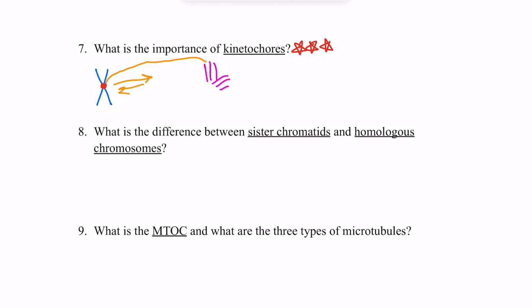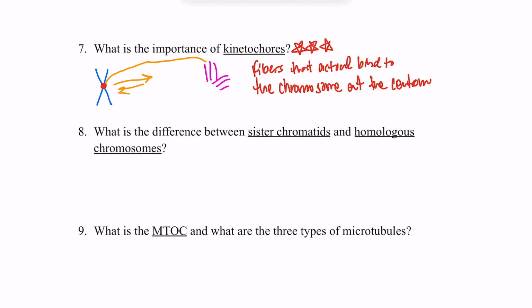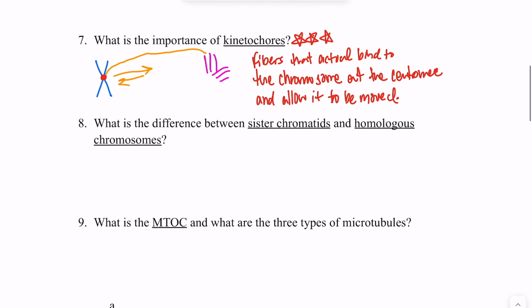So kinetochores, just to put it in words, we'll say fibers that actually bind to the chromosome at the centromere. Right, and there are other factors too that deal with the movement of chromosomes. We'll see that later in question 9, but kinetochores are going to be your big ones. Again, main part is they attach to the centromere.